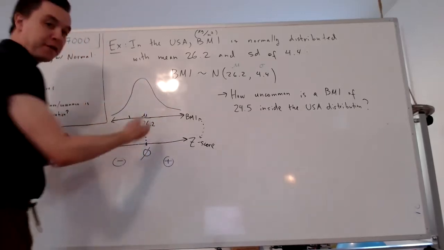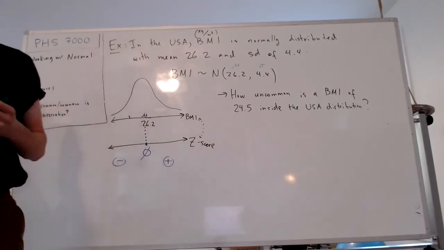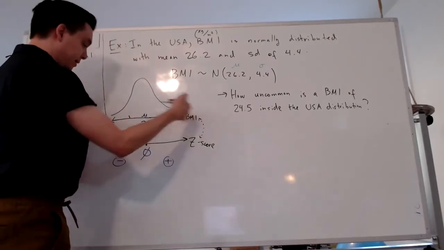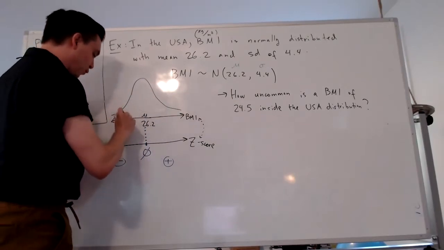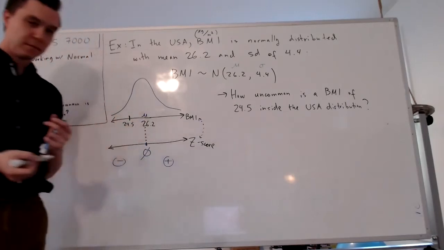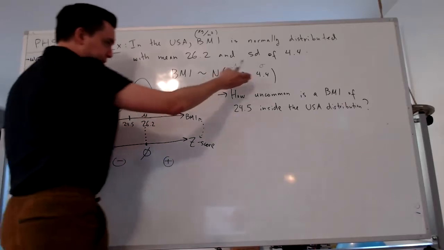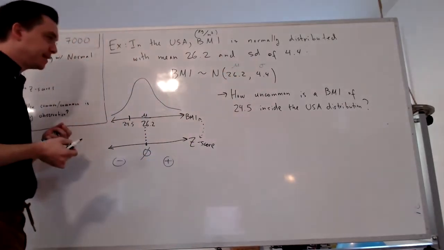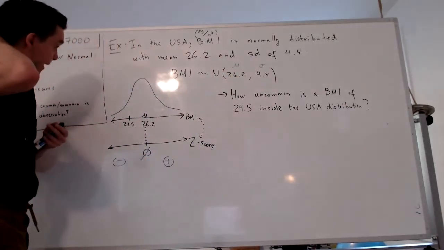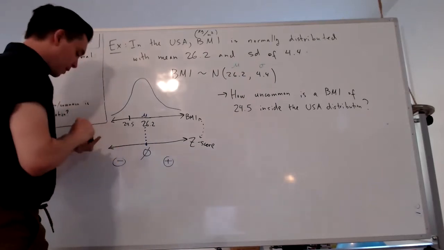So 24.5 is going to be clearly below my mean of 26.2. All right, so on my BMI scale, 24.5 might be right there. For me to consider how far away that is, I have to think about the standard deviation. That's, I don't know, about half a standard deviation away, right?